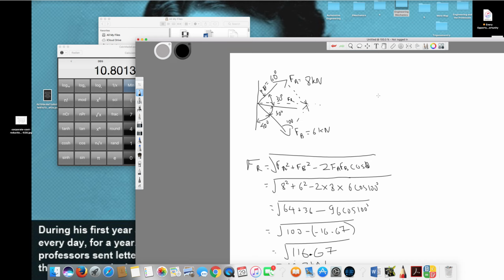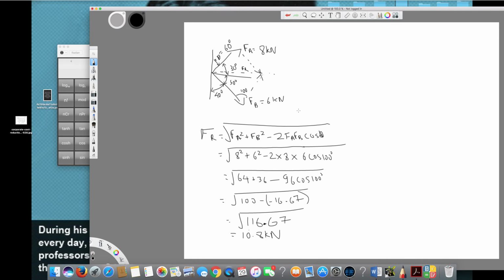So to find that angle, we have to use the sine law. According to the sine law, first we definitely have to use the resultant force and the angle opposite to the resultant force, because that will be very helpful. Sine 100 over 10.8 equals, so we have to find the angle.